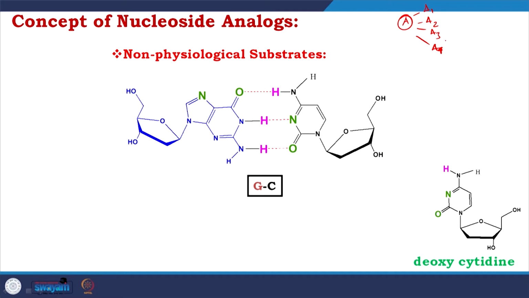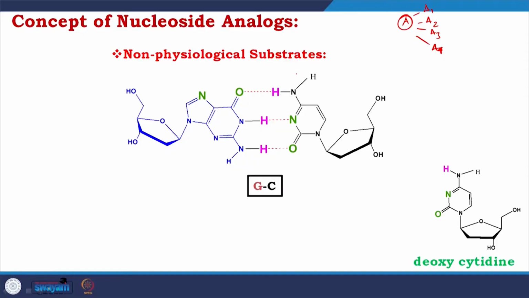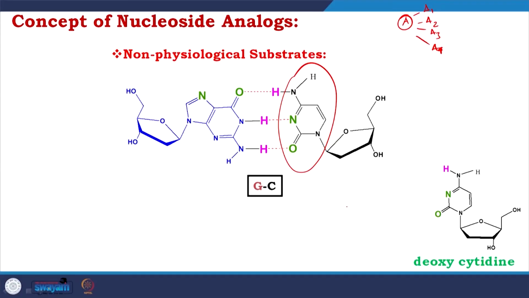Let us start with a simple one. You see deoxycytidine, you know how it could form. Just now we have seen that deoxyguanosine forms 3 hydrogen bonds with deoxycytidine. Now, only this portion is involved in hydrogen bonding, correct? So, now if I cleverly change the other part, the sugar part, what will happen?